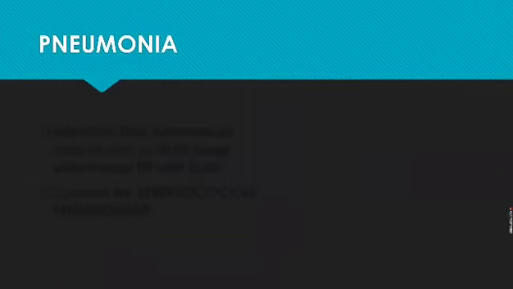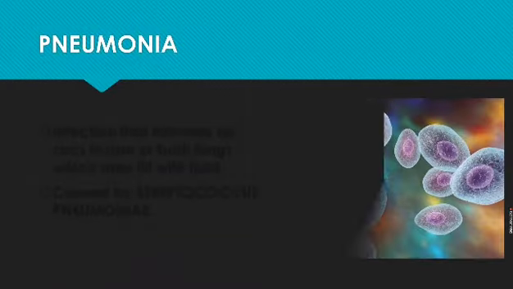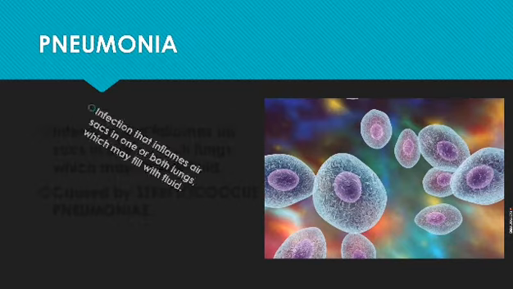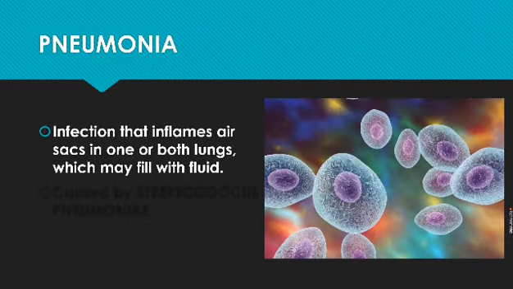Then the third disease is pneumonia. Here there is a picture of the Streptococcus pneumonia, which is the bacteria which causes pneumonia. It is an infection which inflames the air sacs in one or both lungs, and they may fill with fluid.